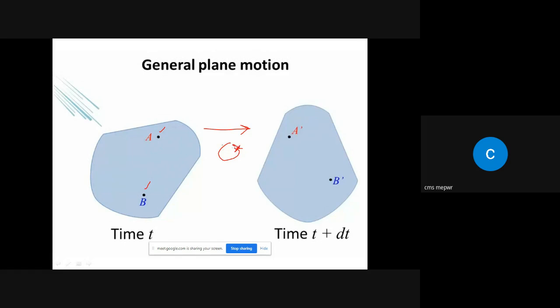So the object moved from this position to this new position, having translation as well as rotation. The object at this new place has a different position as well as different orientation.